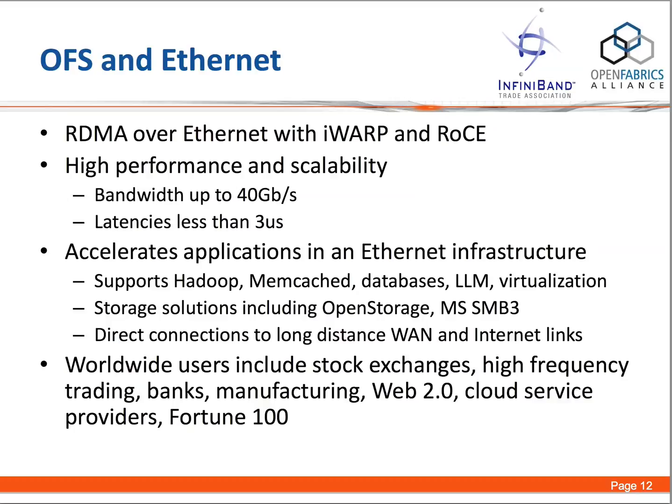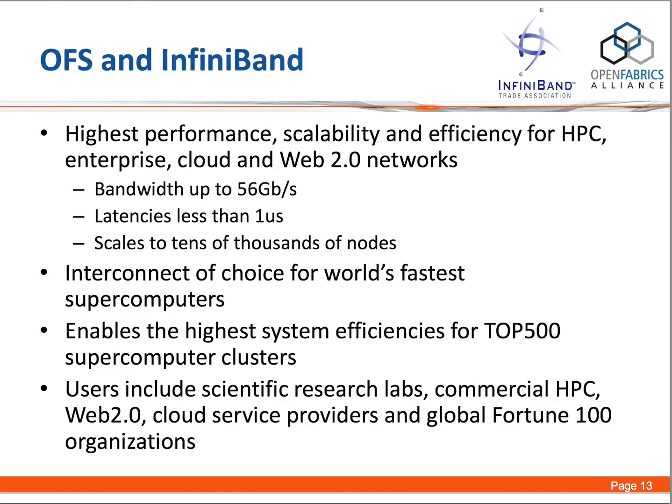RDMA over InfiniBand on slide 13 is very well used in high-performance computing. It delivers high performance, scalability, and efficiency. Here, bandwidth is available up to 56 gigabits per second. Latency is less than 1 microsecond, with very good scaling to tens of thousands of nodes.